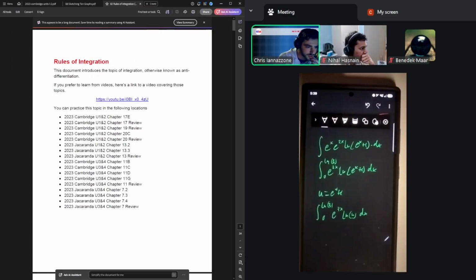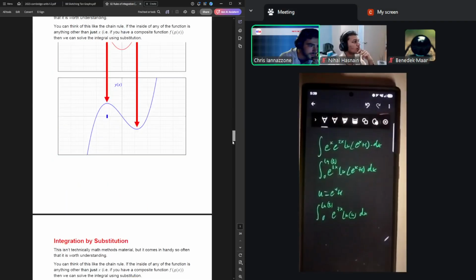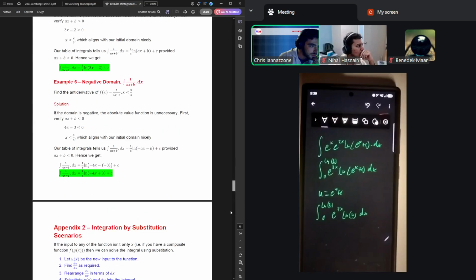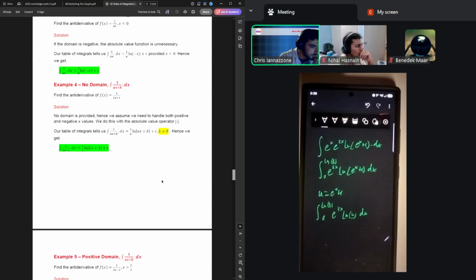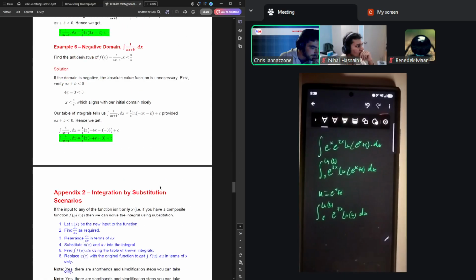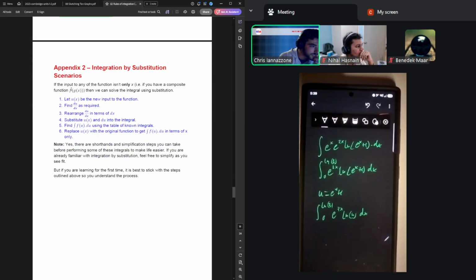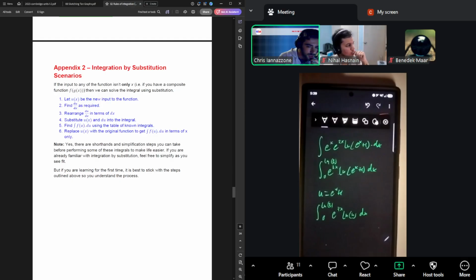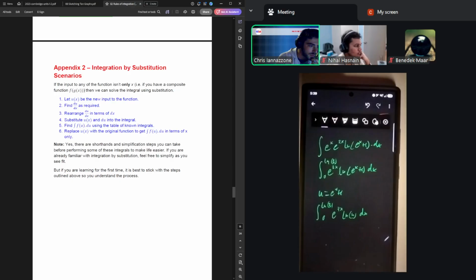So let me change that screen share over. There's this thing about integration by substitution, which is what you can do to find the integral of any composite function. And you follow a sequence of steps as per this list here.